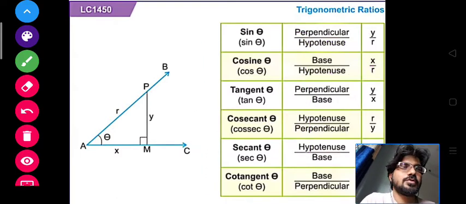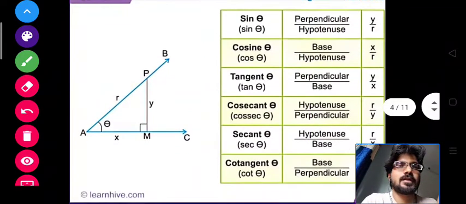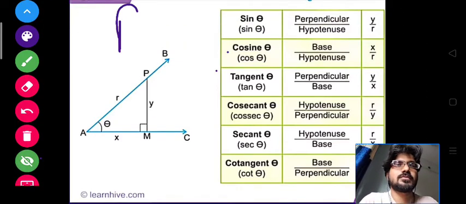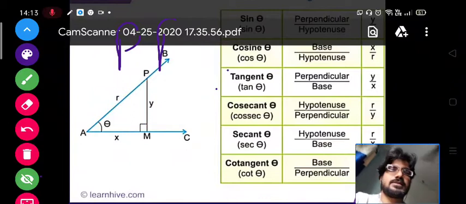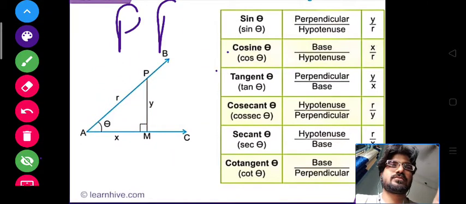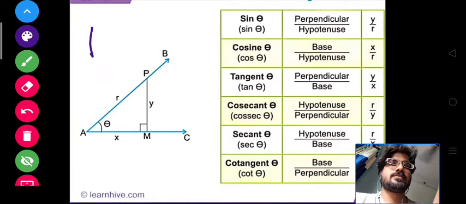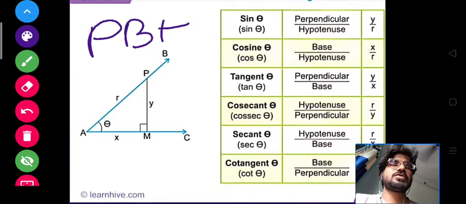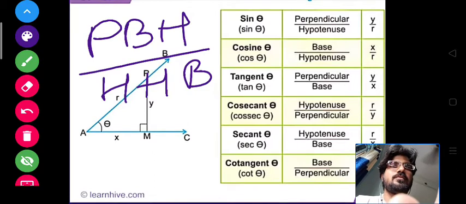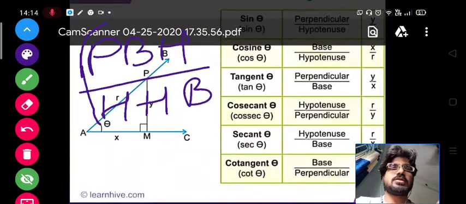You can learn it like this: p b h and h h b.